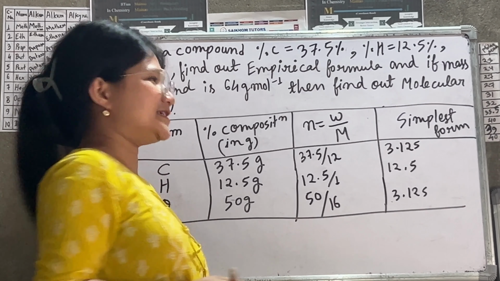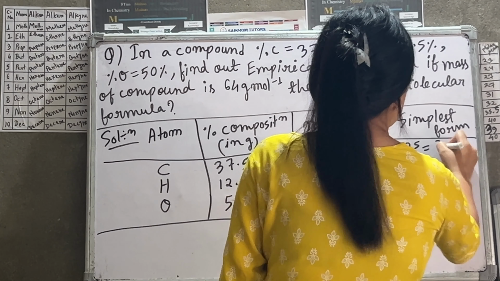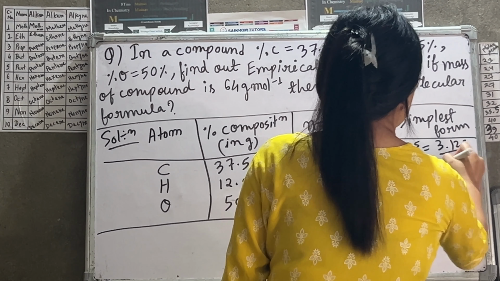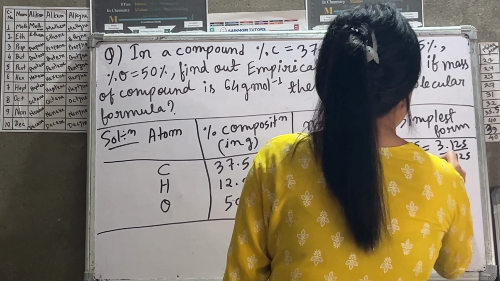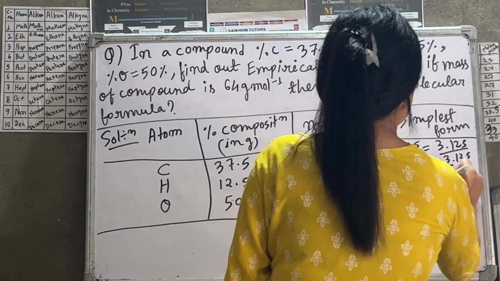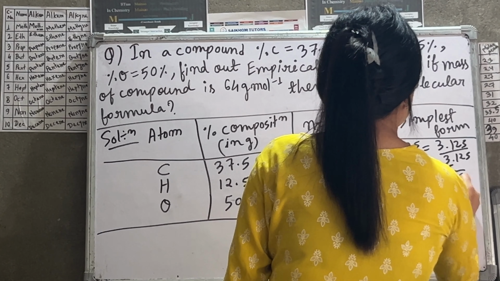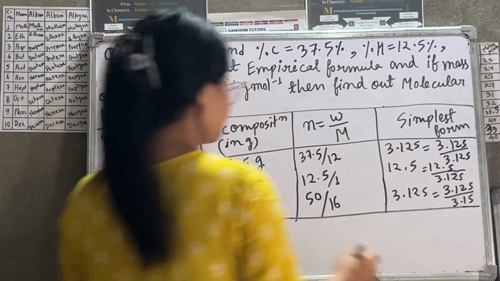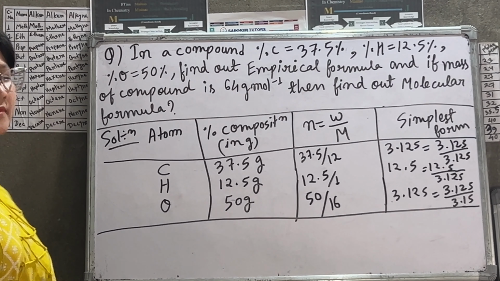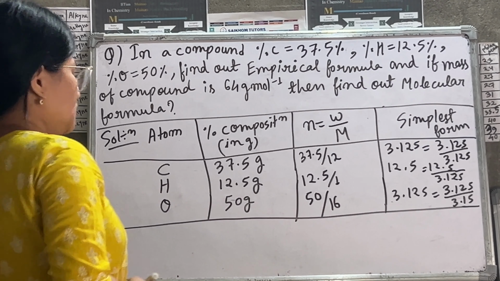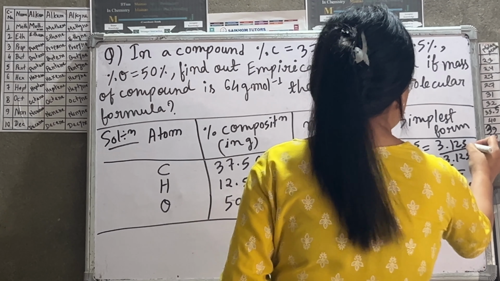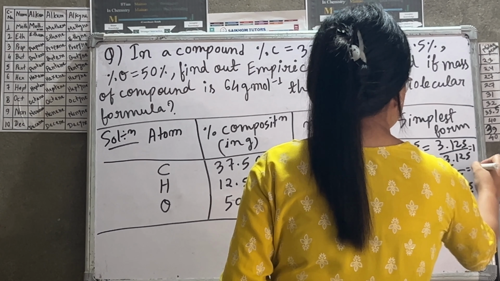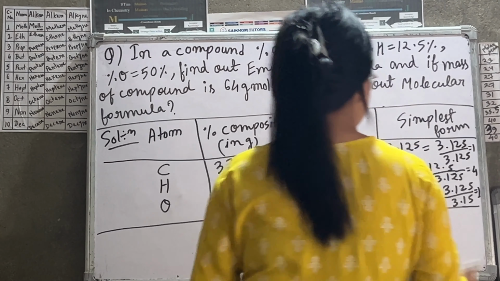So divide 3.125 by 3.125, 12.5 by 3.125, and 3.125 by 3.125. So here 1, here 4, here 1.